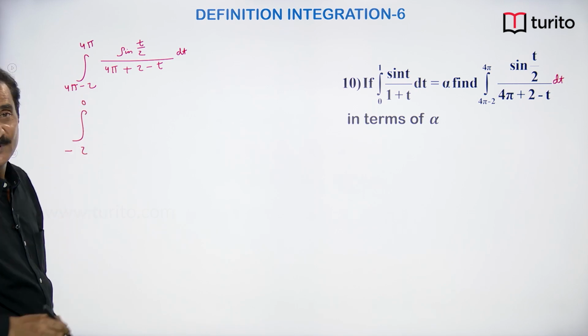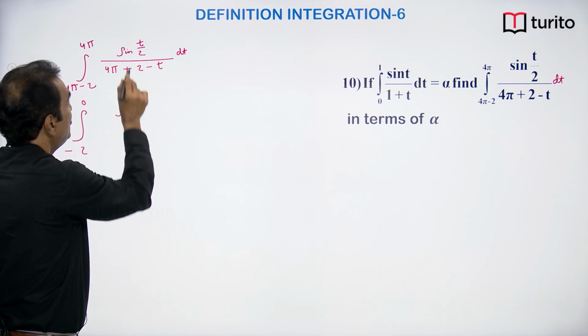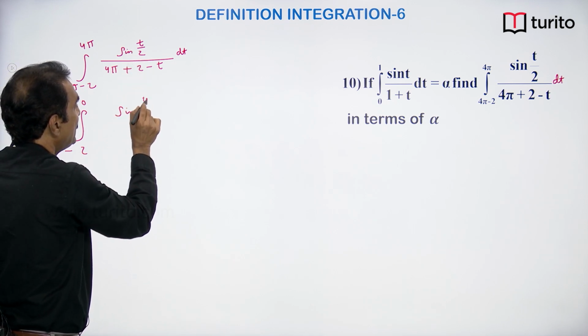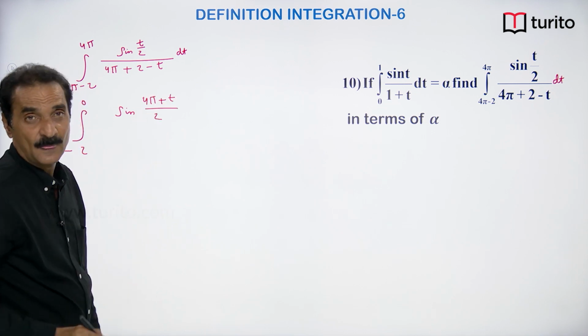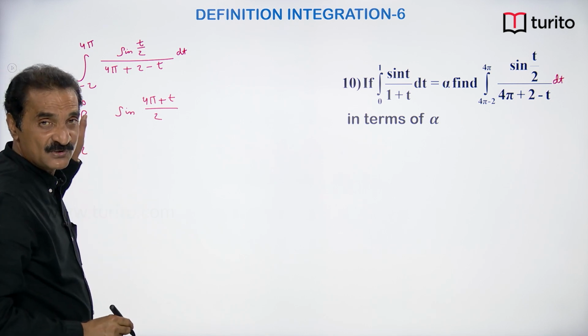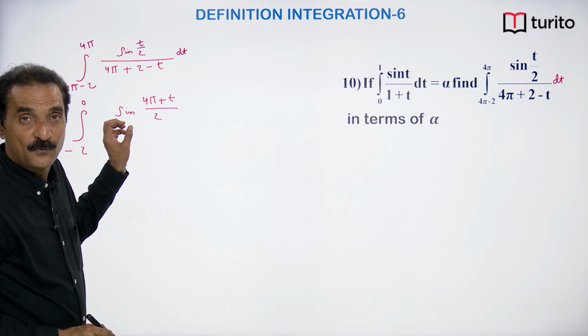You will get the new limits as minus 2 to 0. Then here t should be replaced by 4 pi plus t, is it not? If I have to subtract 4 pi from the limits, I have to add 4 pi to t.